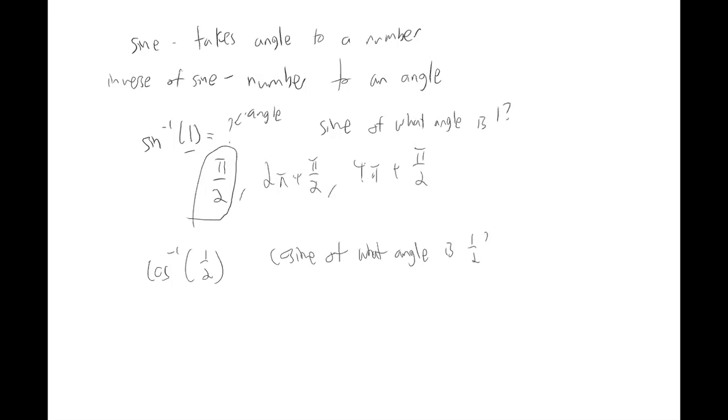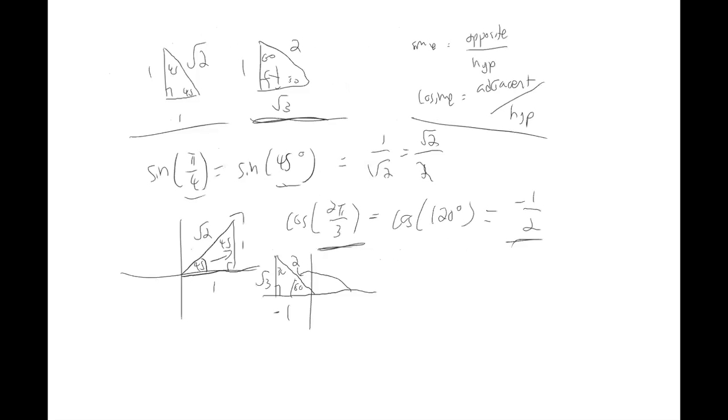So for people who might struggle with this, the first thing I suggest you do, unless the value is 1, -1, 0, or 0, right? If it's not those three numbers, you look at this. Sine and cosine is just opposite over hypotenuse, or adjacent over hypotenuse.